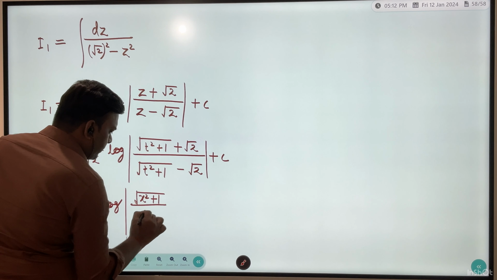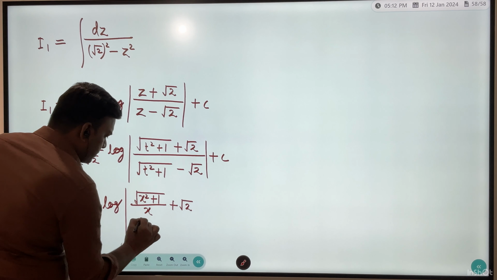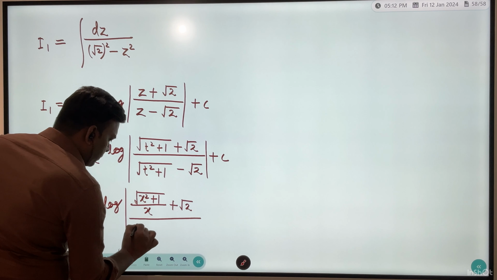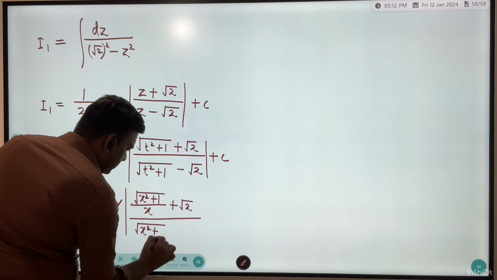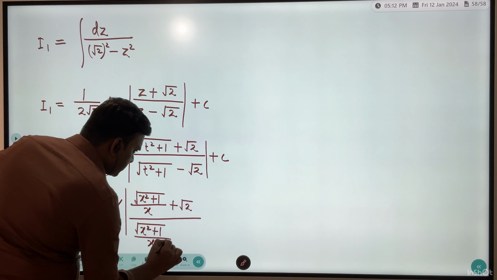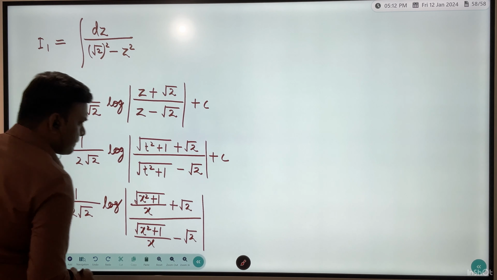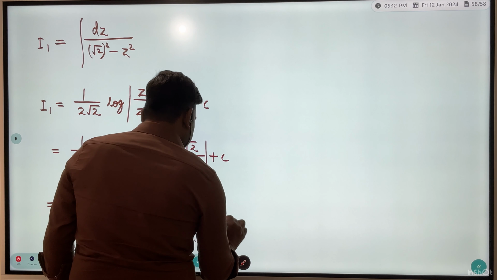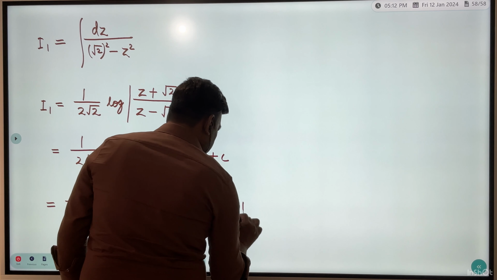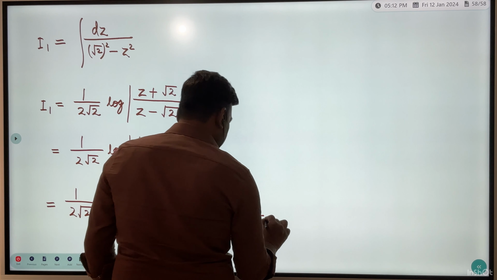Substituting back the value of t, which was 1 by x, finally we got this format in terms of x. Now we will simplify this to get the final answer for I1.